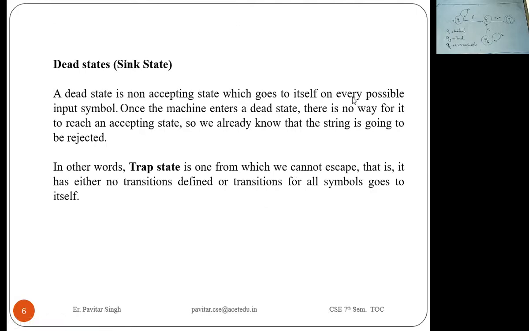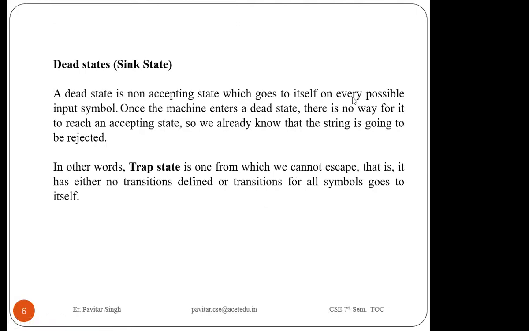The next definition is the dead state. A dead state is a non-accepting state. An accepting state is the final state, but a non-accepting state means that it is an intermediate state, or you can say a non-final state, which goes to itself on every possible input symbol.